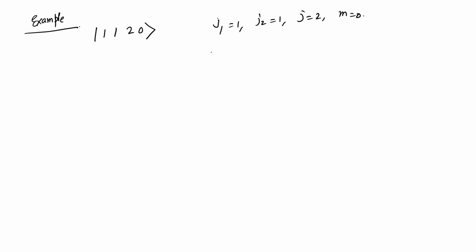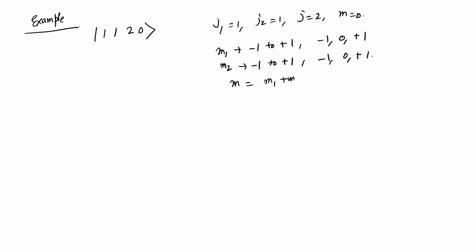So, m 1 now can go from minus 1 to plus 1, that is basically minus 1, 0 and plus 1, and m 2 also can go from minus 1 to plus 1, which means minus 1, 0 and plus 1, and then subject to the condition that m equal to m 1 plus m 2.